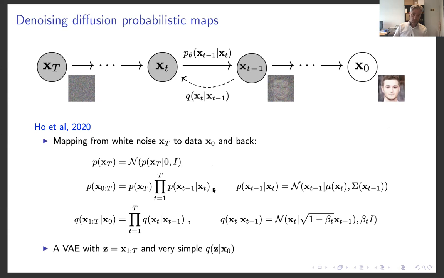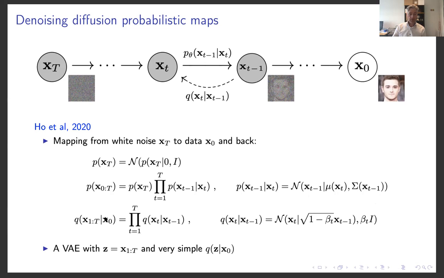And then we have this autoregressive, or in-depth autoregressive, model where in each step we learn a mean function and a covariance function depending on t. We learn a mean function, and this is a neural network model that maps xt to the mean value of xt minus 1.